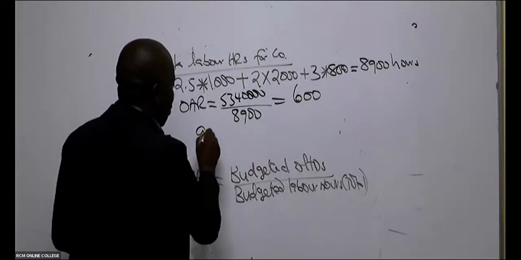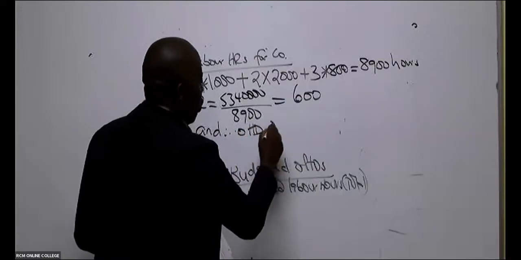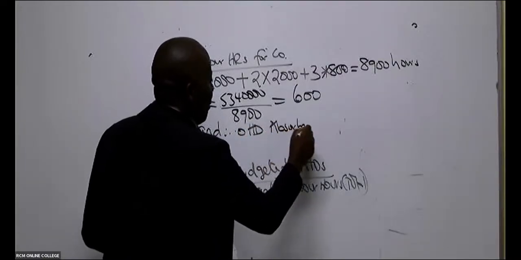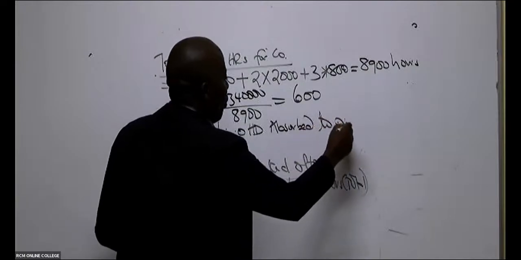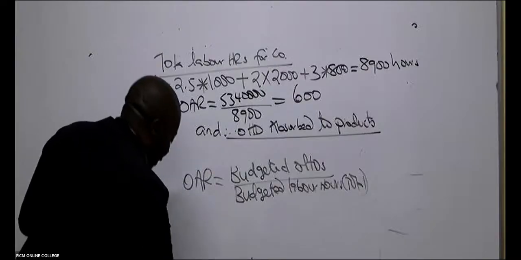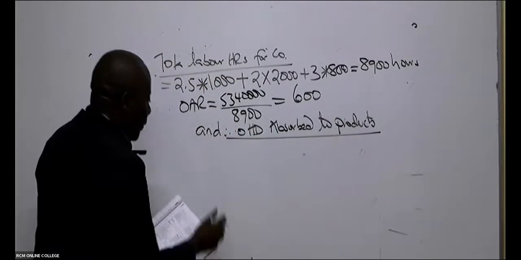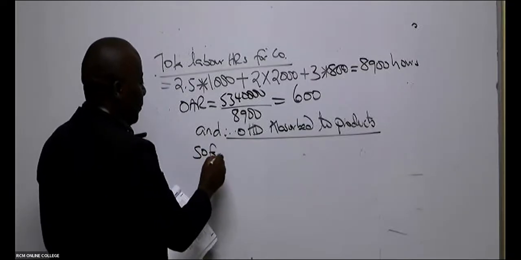And therefore, overheads absorbed to each unit. Overheads absorbed to products. Ladies and gentlemen, we start with the first product. The first product here is known as sofa sets.